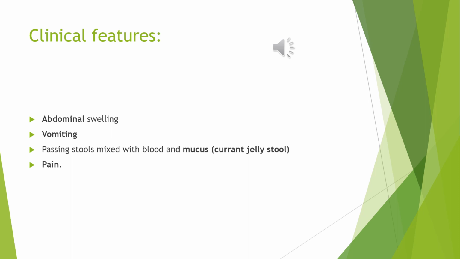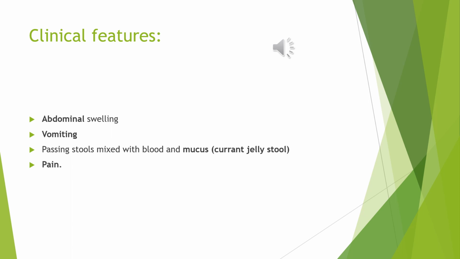This is a typical description for the appearance of the stool in these patients. So a patient in the emergency room, a kid with abdominal swelling and distension, vomiting, and passage of blood and mucus mixed stools.